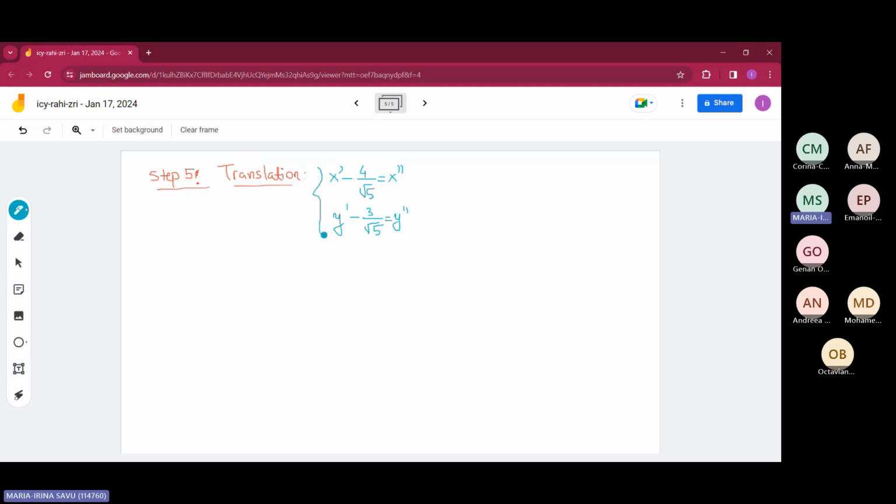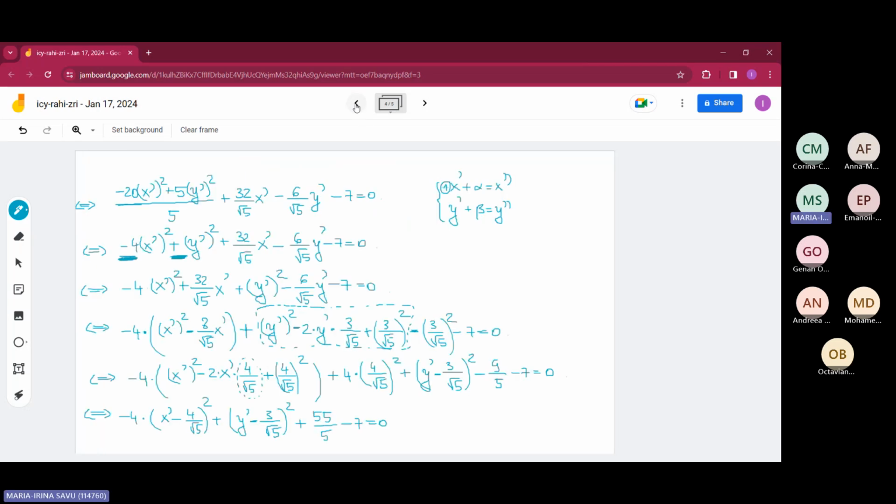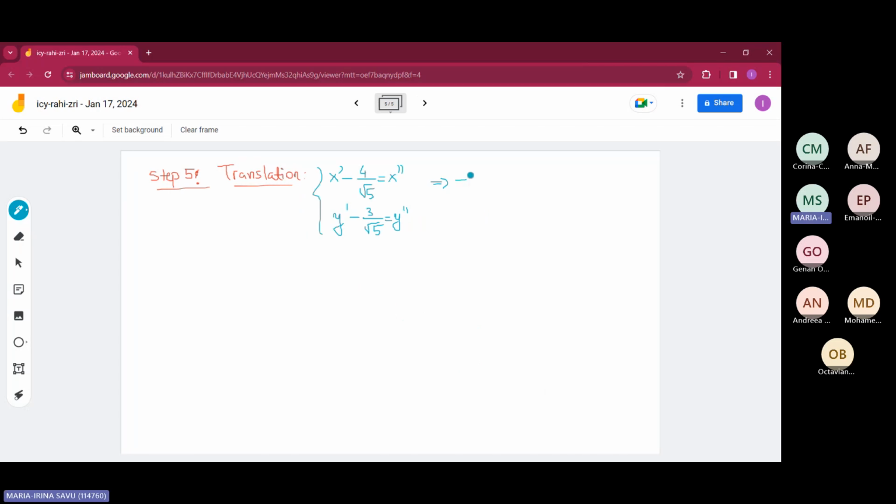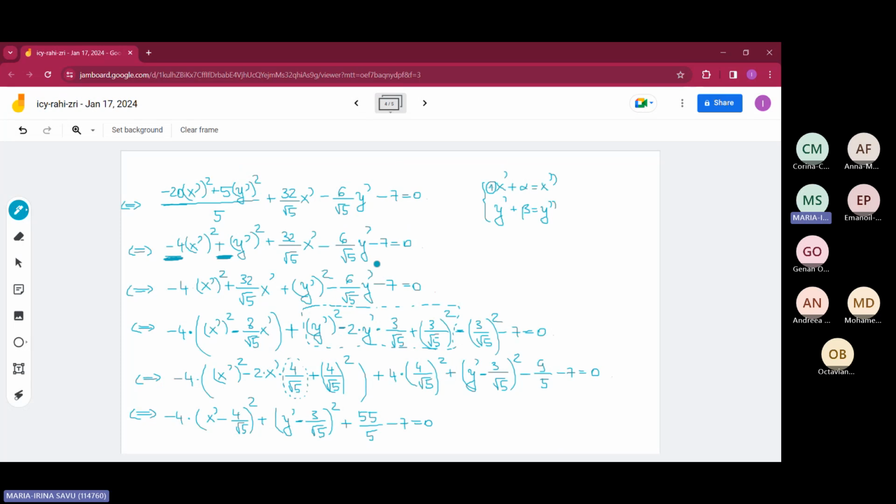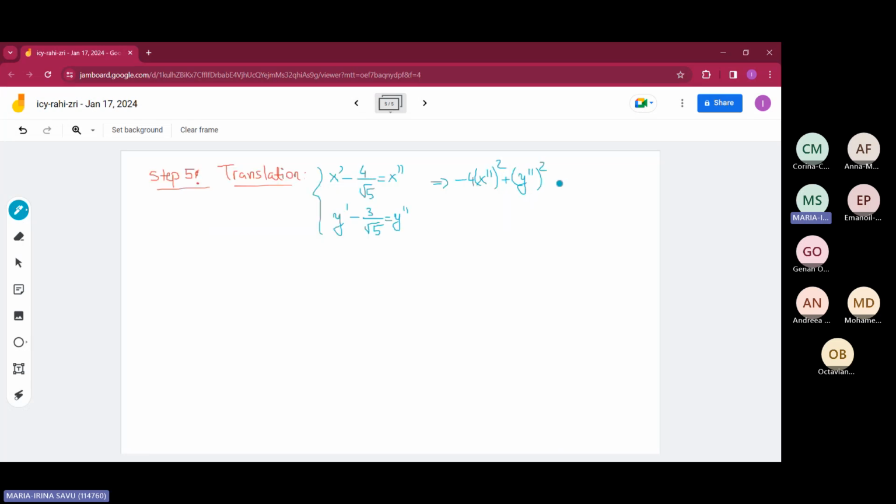So this is the translation, and in the end we get x double prime squared plus y double prime squared. And we have here 11 minus 7, which is 4. But I'm going to write it this way, minus 4.